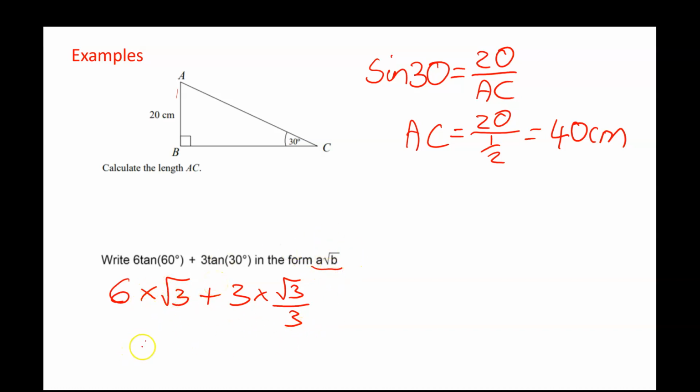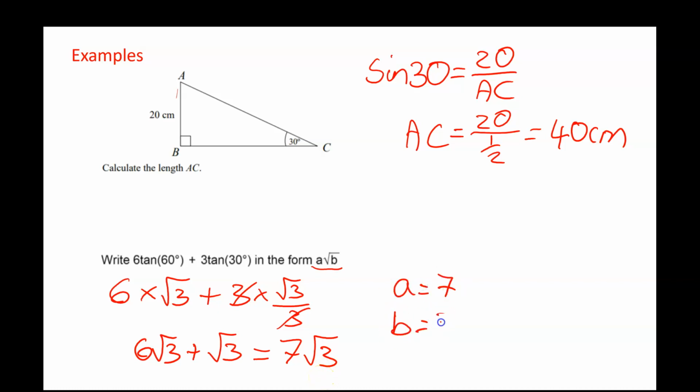Well, 6 root 3 can be written as 6 root 3. Because we're multiplying by 3 and dividing by 3, that just gives us 1 root 3. Which therefore, when we simplify it together, this is where being good at surds actually comes into its own. 6 root 3 plus root 3 gives you 7 root 3. So A is 7, B is 3.